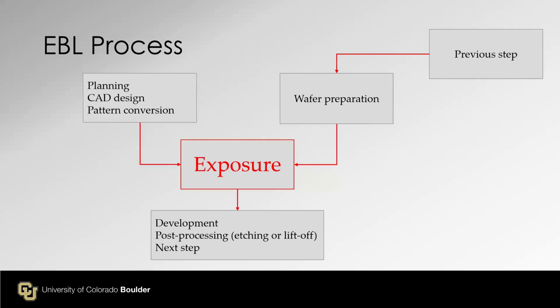If the substrate is not conductive, you have to put a conductive layer on top. And if you want to align to an already existing pattern, you have to prepare that part. Then expose. After exposure comes development, post-processing, typically etching or lift-off, and then the next step.